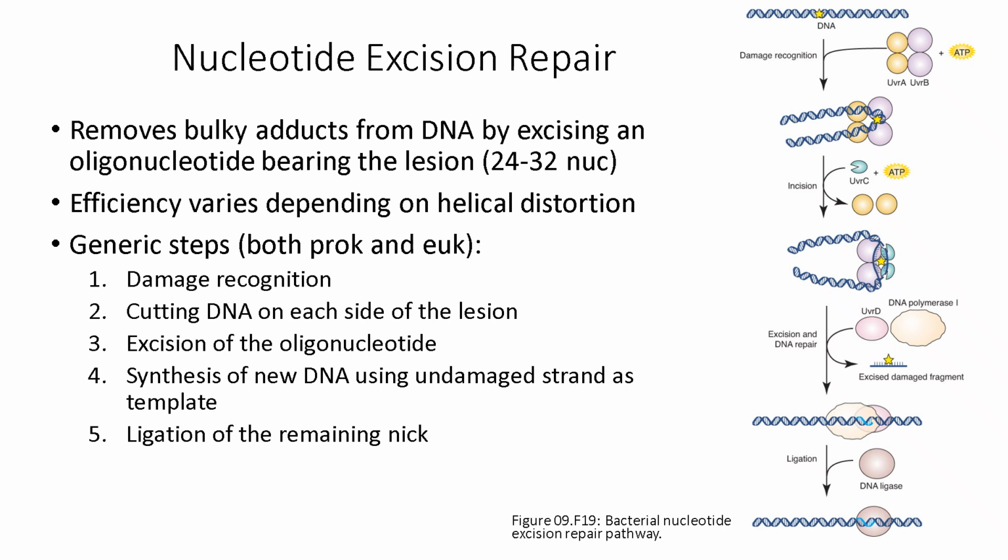The lesion is first recognized. Then endonucleases cut the DNA on both sides of the damage. The damaged fragment is removed, and the resulting gap is filled in by DNA polymerase using the undamaged strand as a template. Finally, DNA ligase seals the strand to complete the repair.